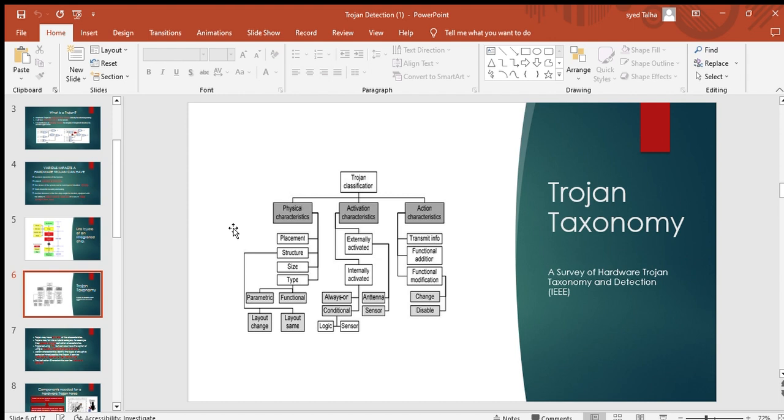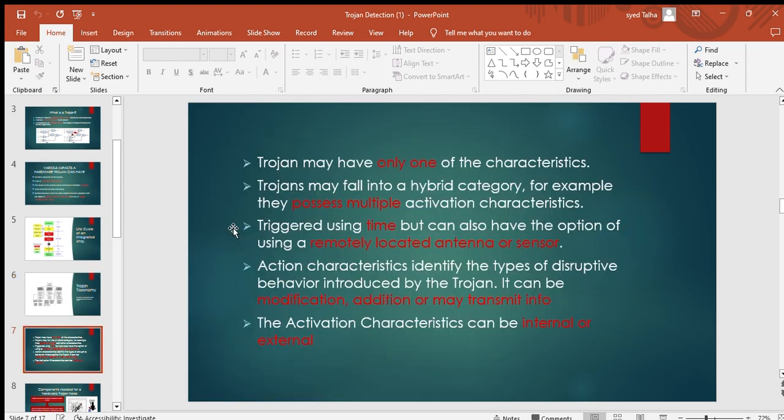And then action characteristics: it can transmit information, or it can add modification, or it can be a functional addition to the design. A Trojan may have only one of the characteristics, or it may possess multiple activation characteristics, and it can be modification, addition, or transmission of information.